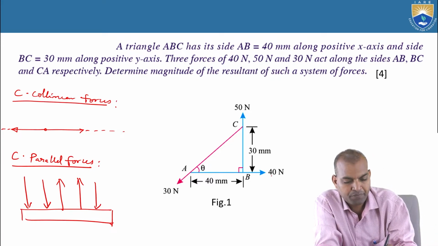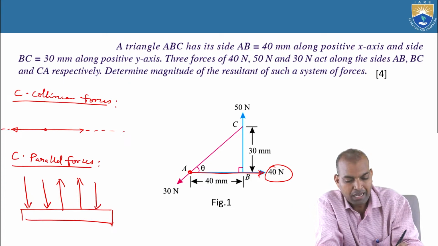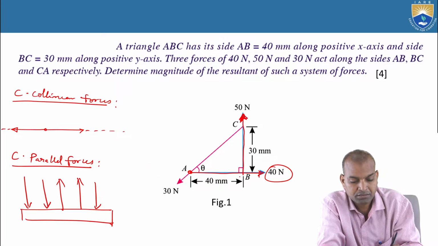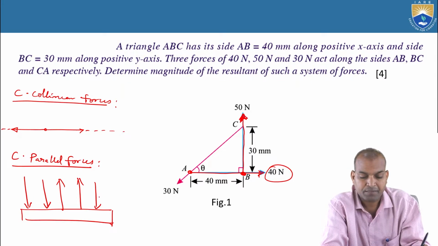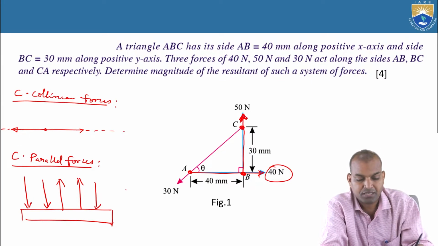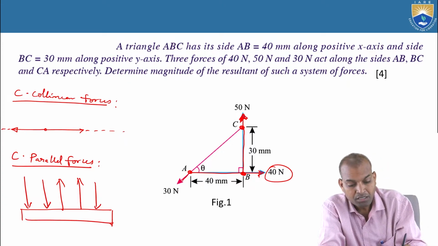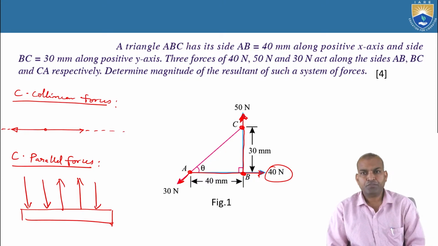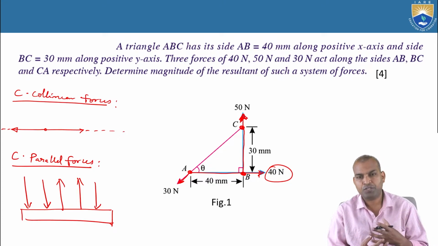Suppose AB, 40 newtons, acts at point A, and BC, 50 newtons, acts at point B. And AC acts at point C. These forces are not acting at a single point. They are acting at different points: point A, point B, point C.